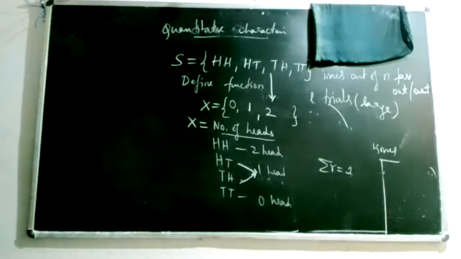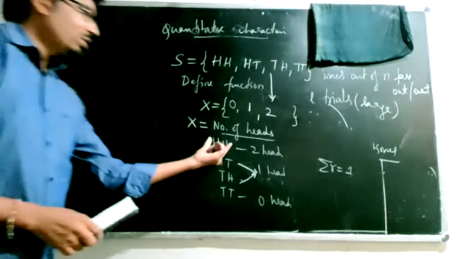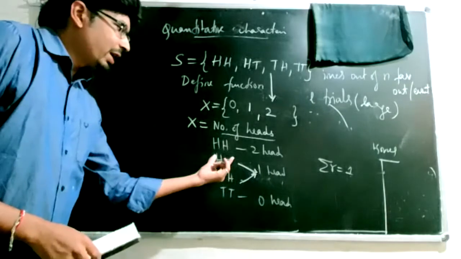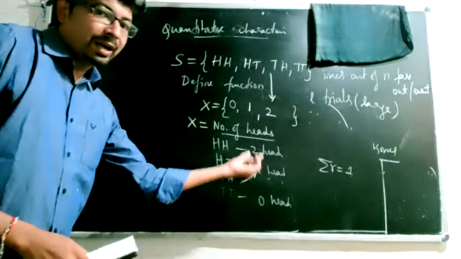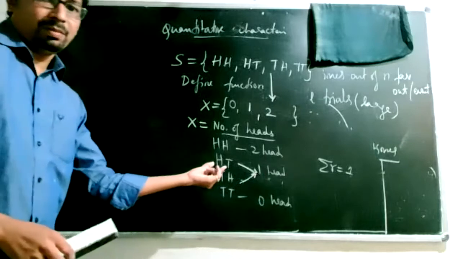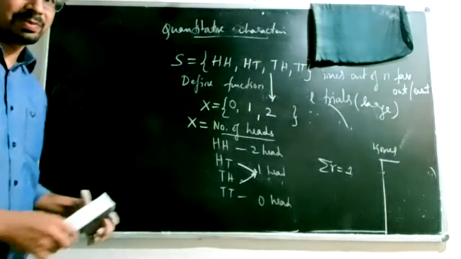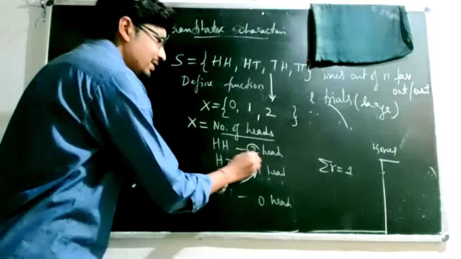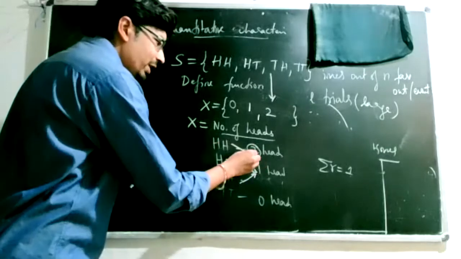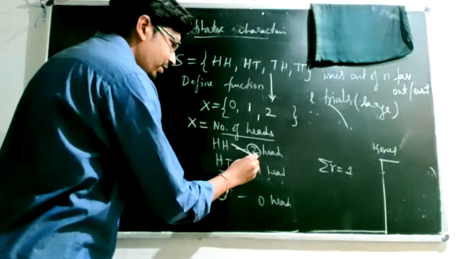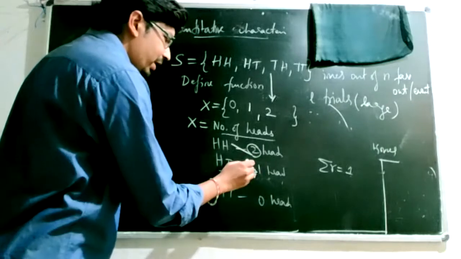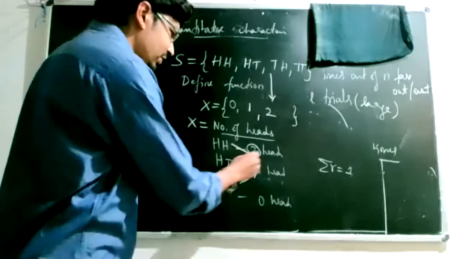So this is called an onto mapping. Each of these could have the same x value, but no 2 different x values will have the same element of the sample space. If x is equal to 2, that cannot be mapped with anything other than HH.